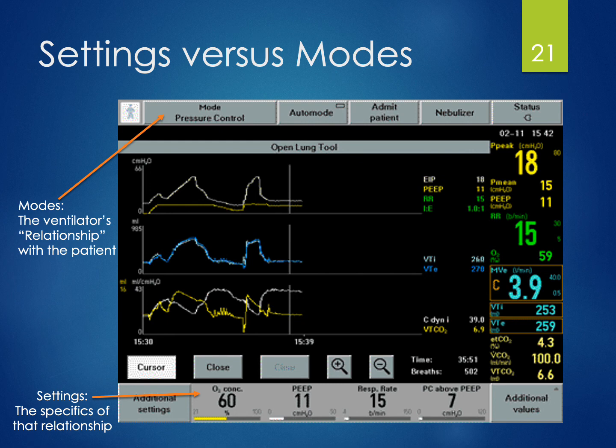Or will it determine exactly when the breaths will be timed? Will the ventilator allow the patient to take a breath and determine how big of a breath it will be? Or will the ventilator actually help the patient and increase the size of the breath? So that's the mode, this general relationship between the ventilator and the patient. And then settings are just the specifics describing what will happen once we're in a mode.